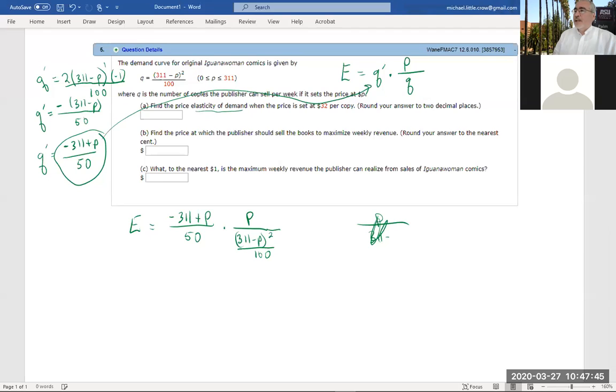Actually, let me do it this way. It's like p divided by 311 minus p squared over 100. When you divide by a fraction, you flip and multiply. So this is going to be p times 100, right?